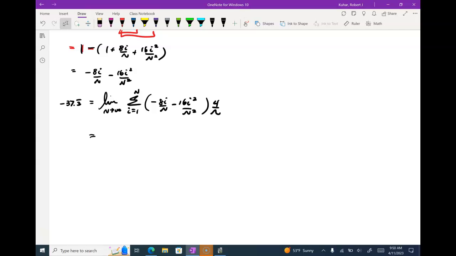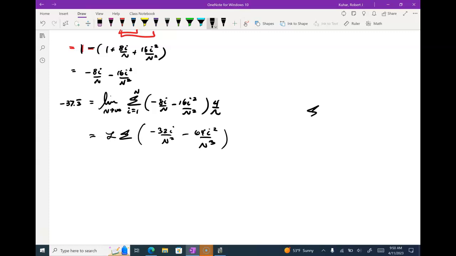So at this point I get lazy, so I start writing L for my limit and sigma for my sum, and I'm distributing the 4 over n in. So minus 32i over n squared minus 64i squared over n cubed. I'm going to split my sum into two pieces, right?